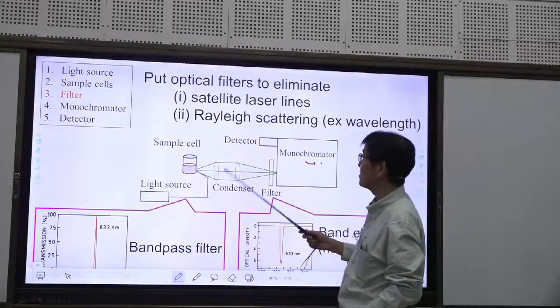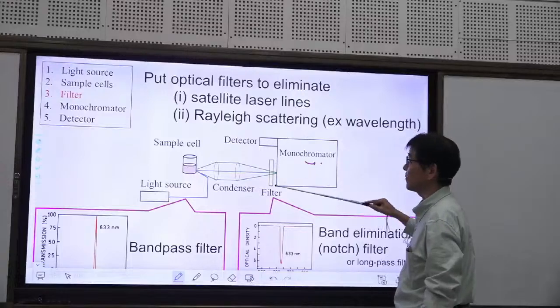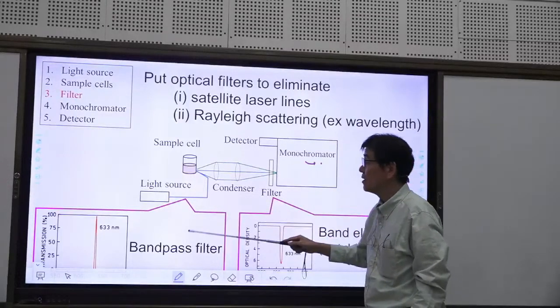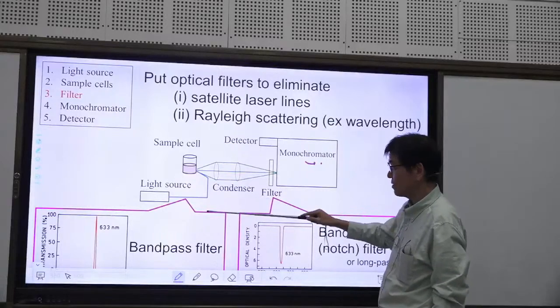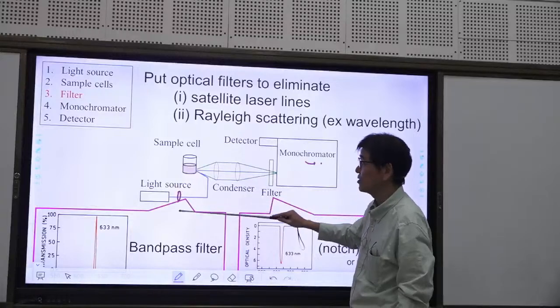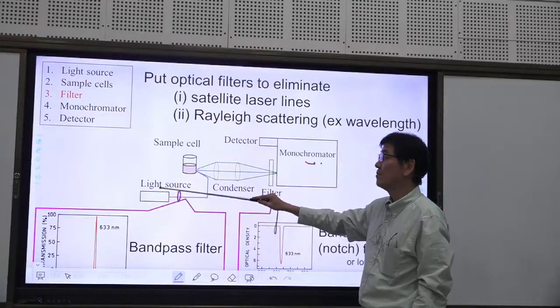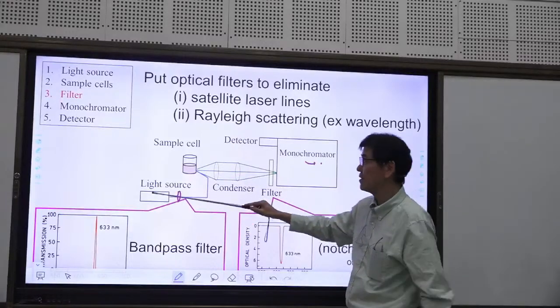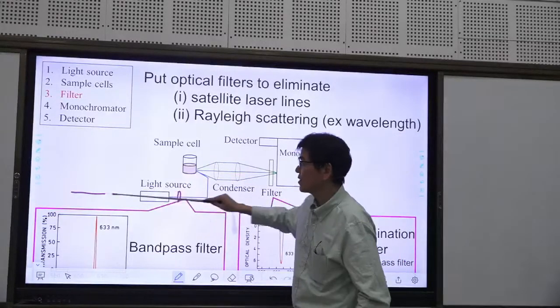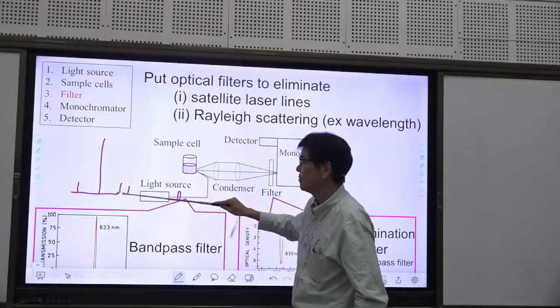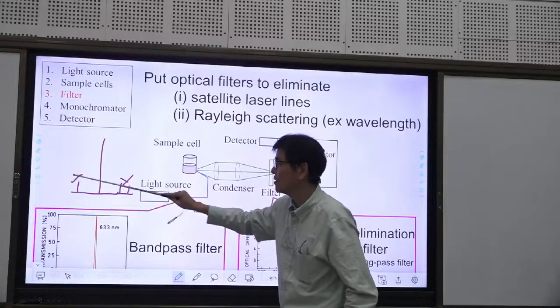The third, we need to put a filter to cut the Rayleigh line. Sometimes we use a filter in front of the laser source to purify the laser light. If some laser emission line includes some satellite lines, they are not necessary.